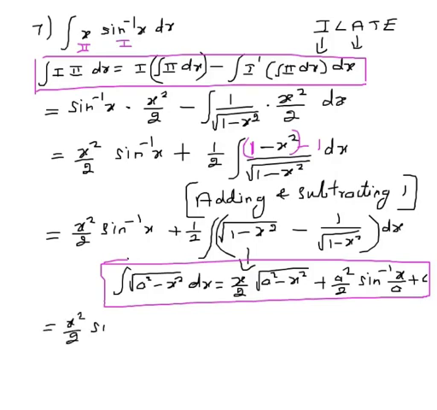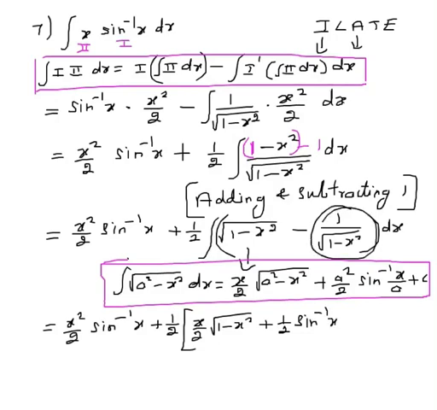x square divided by 2 sine inverse of x plus half into, let us use this formula, a here is 1, x by 2 root of 1 minus x square plus a is 1, sine inverse of x, and integral of this term is sine inverse of x plus c.